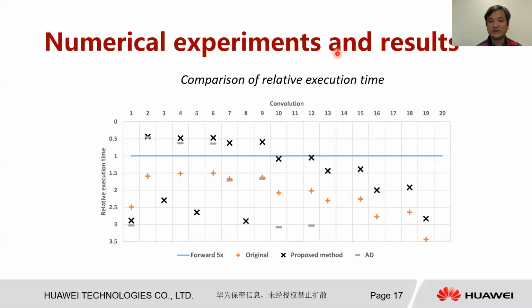There are only 2 cases, the first case and the 11th case. The 11th is not seen here because it is out of scale, but the original is still better than our proposed method. But in 18 cases, our proposed method is better than the original one. So it shows that our proposed method is quite promising.